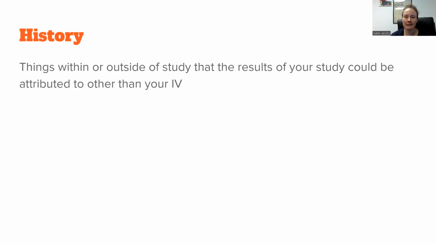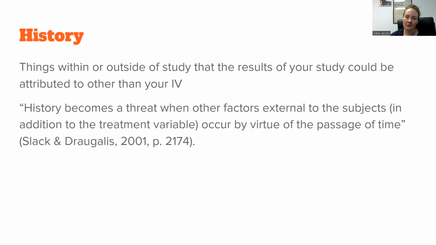All right, so history, this threat to internal validity. This is when things within or outside of the study, results of your study could be attributed to other than your independent variable. So history becomes a threat when other factors external to the subjects, in addition to the treatment variable, occur by virtue of the passage of time.